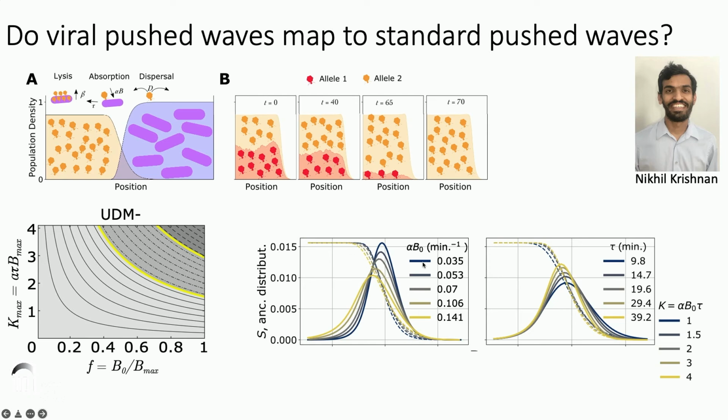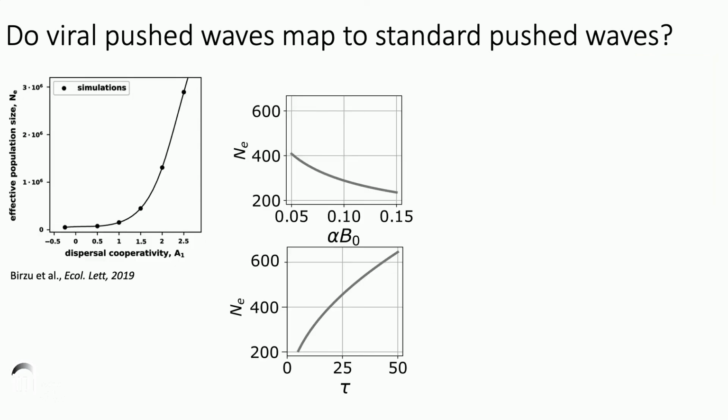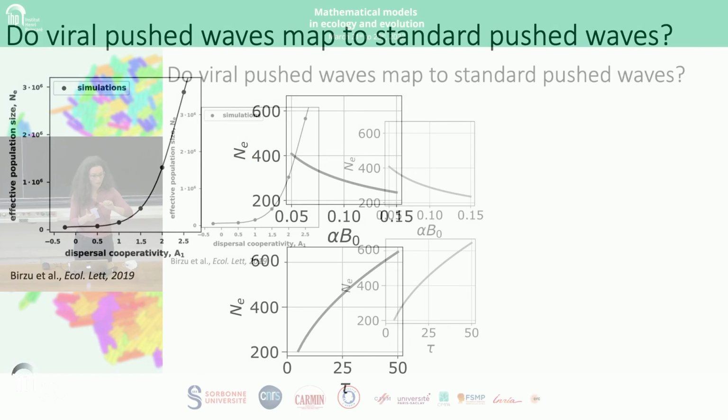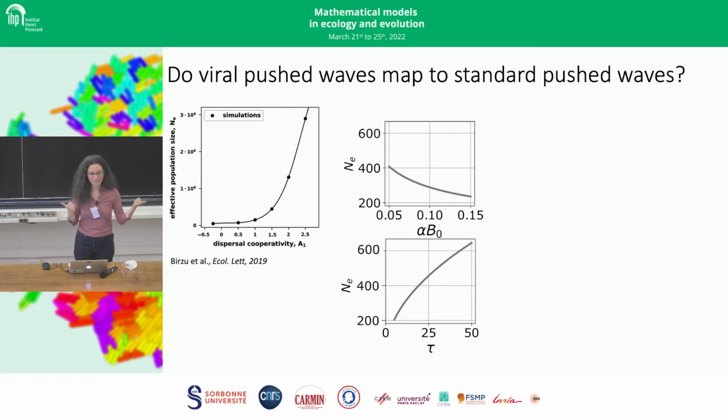If you change the absorption rate, the profile gets shallower and shallower, which is the opposite of what you would expect in a push wave. In a push wave, when you go to more push, the profile gets steeper. This has a consequence, because when you measure the effective population size, you get two opposite effects.